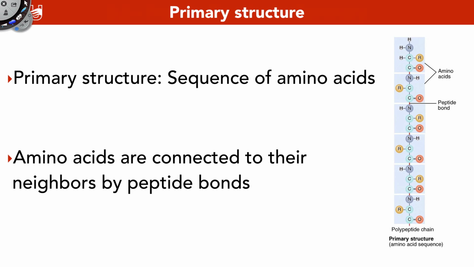So we're going to start with the primary sequence, or the primary structure. The primary structure is the linear order of amino acids, just as words are in a sentence. For example, we have some sentences here.